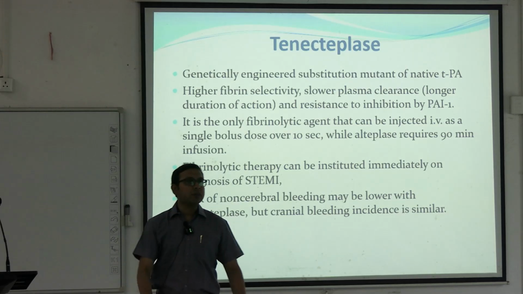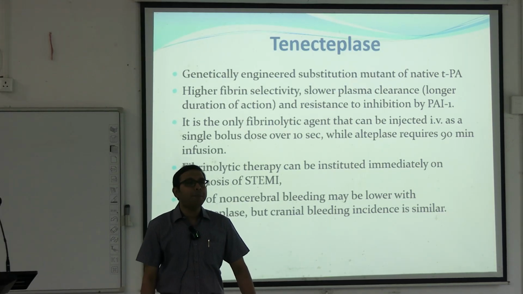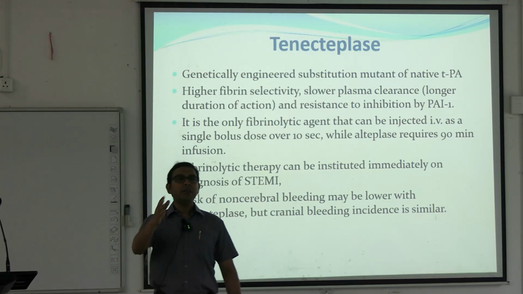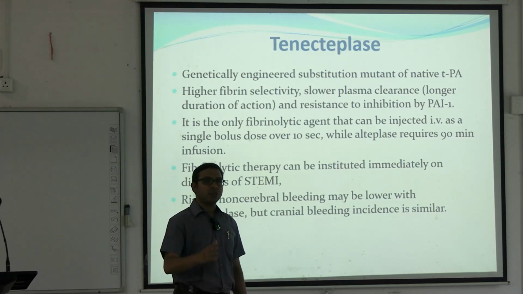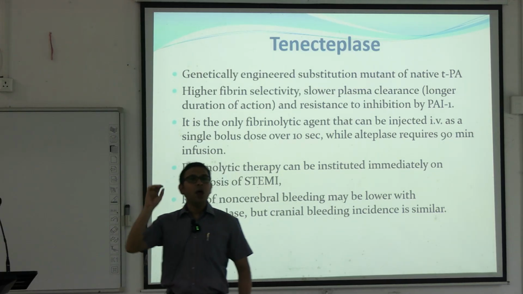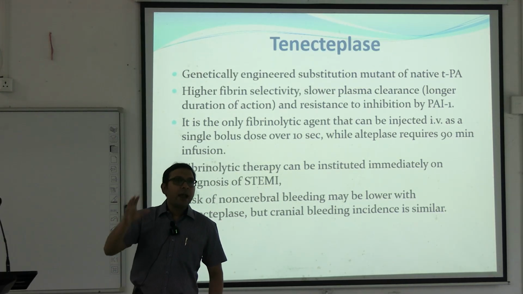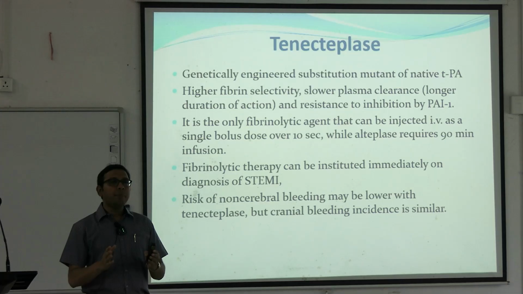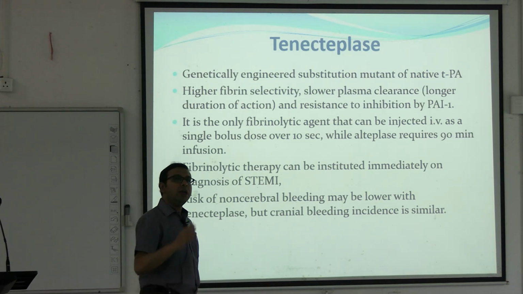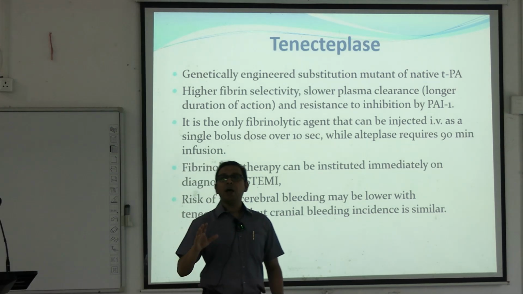Immediately give some oral drugs. These are mainly the antiplatelet drugs and the statins. You will read about the statins in the dyslipidemia class. So statins and antiplatelet drugs like aspirin and clopidogrel, loading dose is to be given. After that, if the patient comes early, within 4 hours, we have to institute the fibrinolytic drugs if there is no provision of a cath lab.